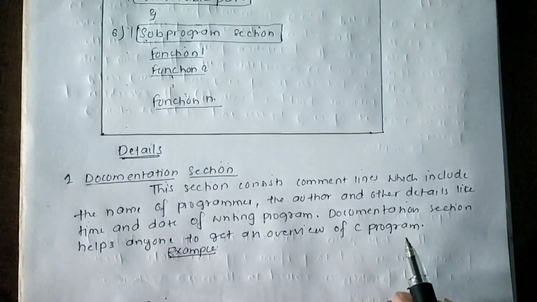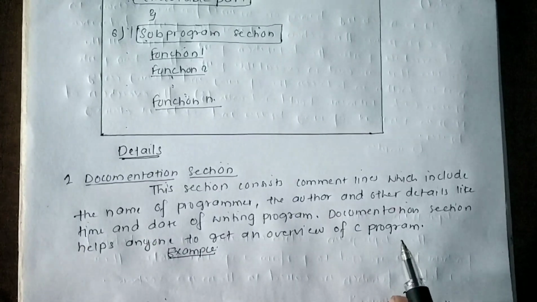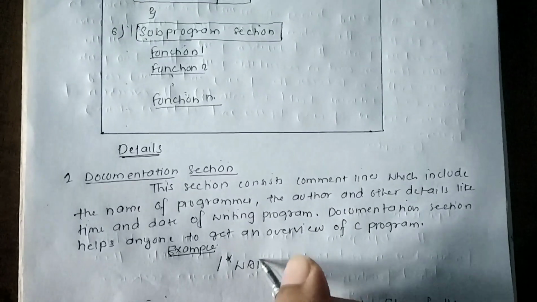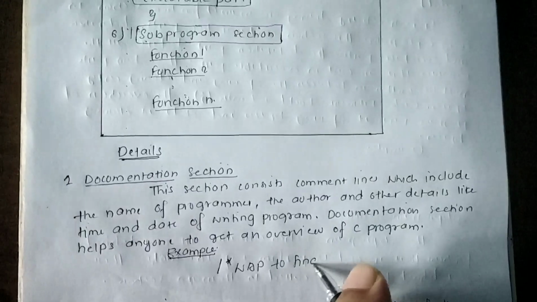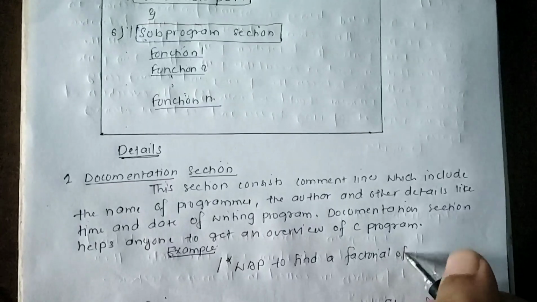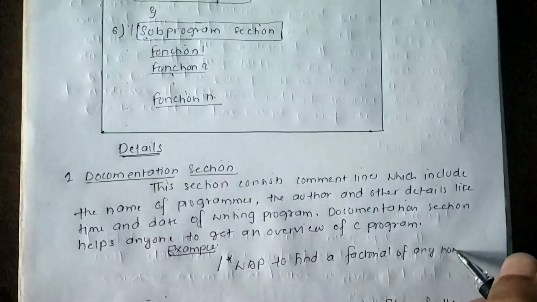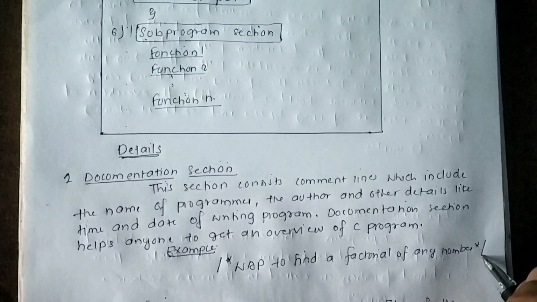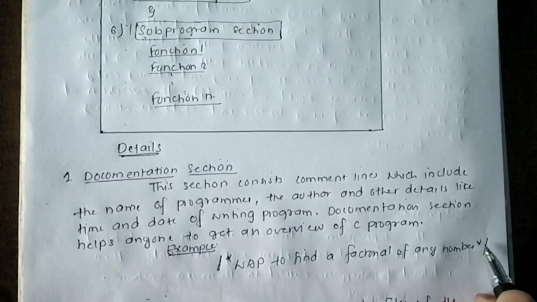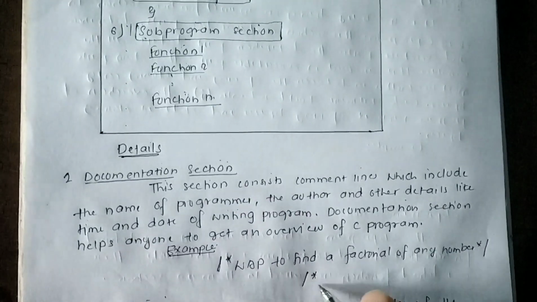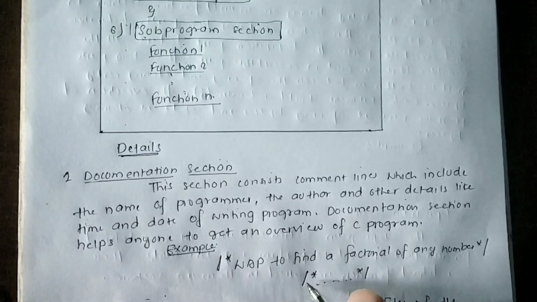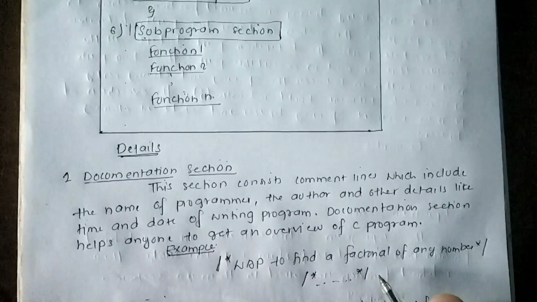It consists mainly of comment lines, such as: write a program to find a factorial of any number. The comment line starts with slash asterisk and closes with asterisk slash. If we want to comment, we should write the comment between this slash asterisk and asterisk slash.